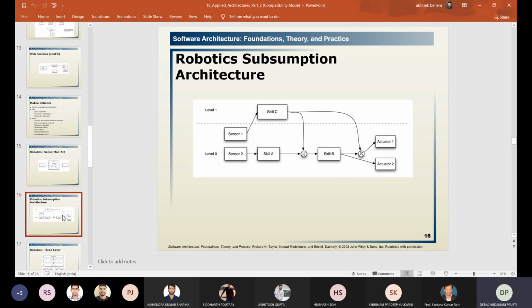We have skill A. In level 0, it is connecting with skill B with some time, and skill C is connecting directly through skill B with some other time. So there is no involvement of skill A, and skill B will pass with some time involvement to actuator 1 and without any time involvement to actuator 2.